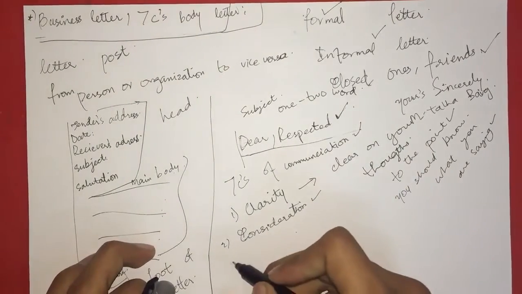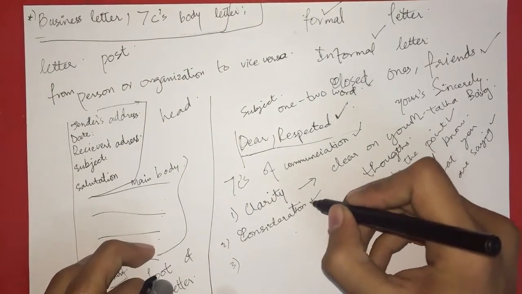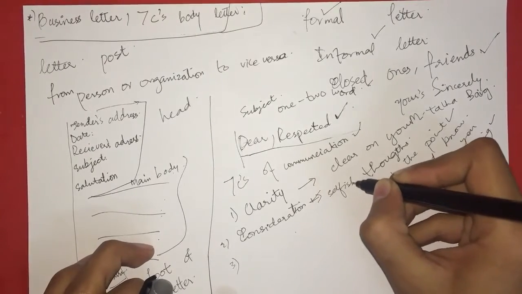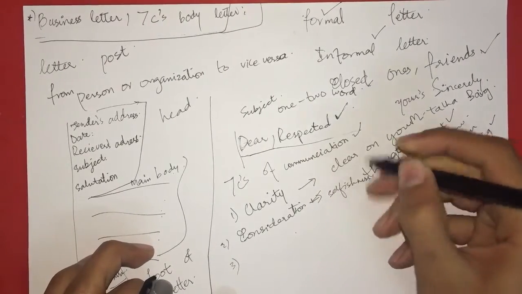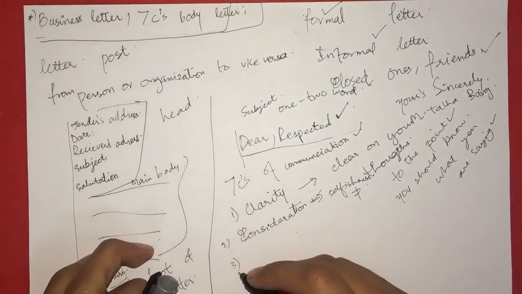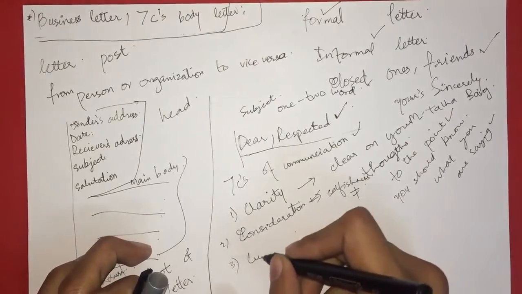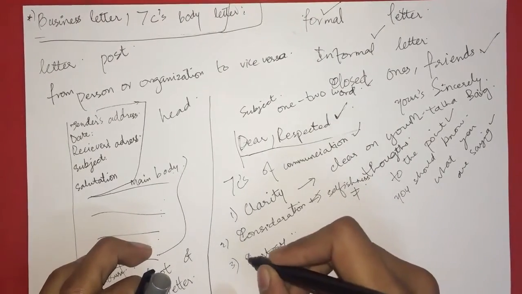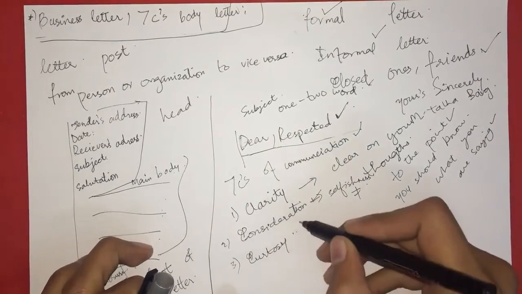You have to take into consideration every aspect of the other party as well. Here consideration means you have to avoid selfishness. So selfishness is a no. Then you have courtesy. Courtesy is a word which is taken from the word court.